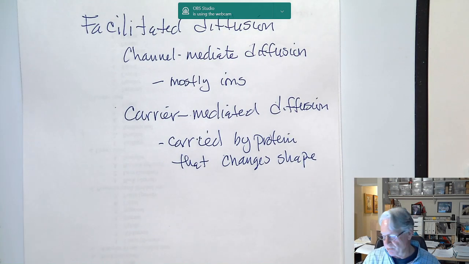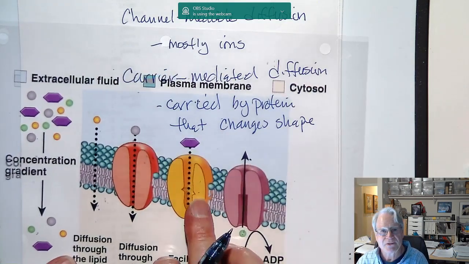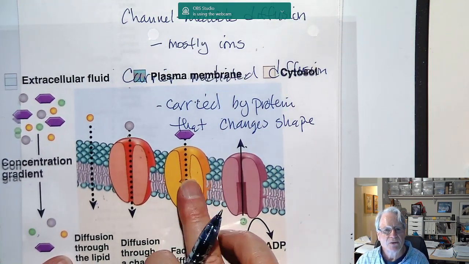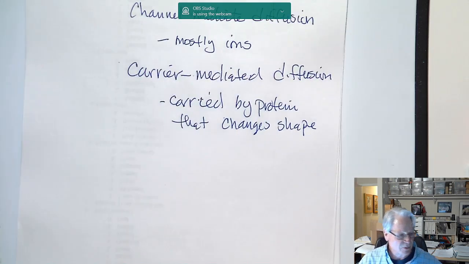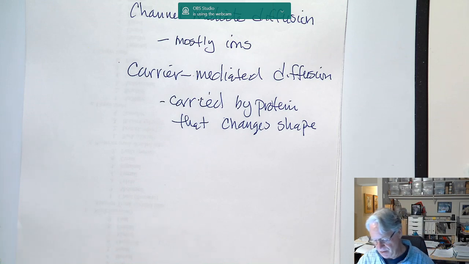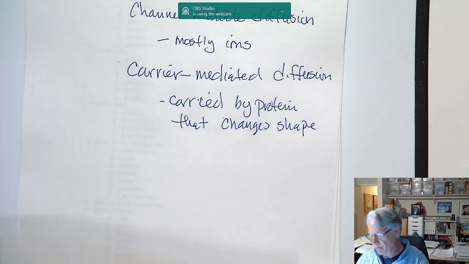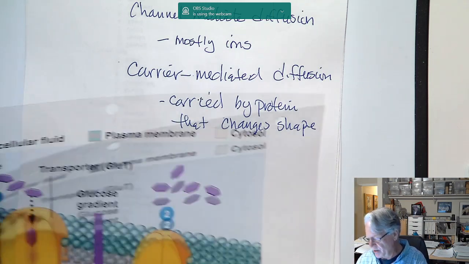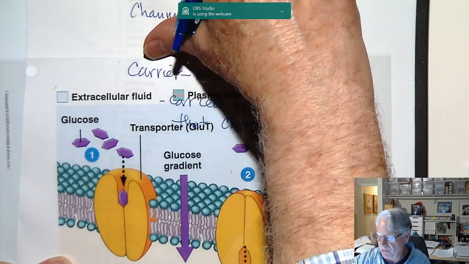Let's remind ourselves what we're talking about. Yep, there it is right there. So when this molecule of sugar binds to that, it will change shape and move. In fact, I have a better example of that. So here it is. There we go. Okay.